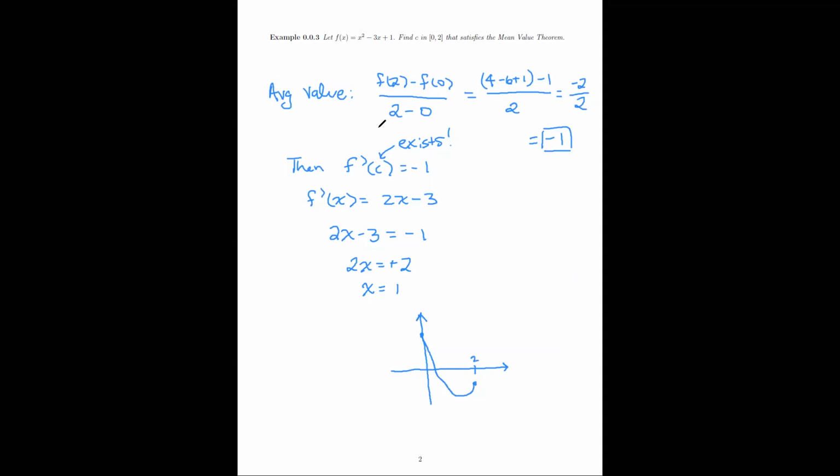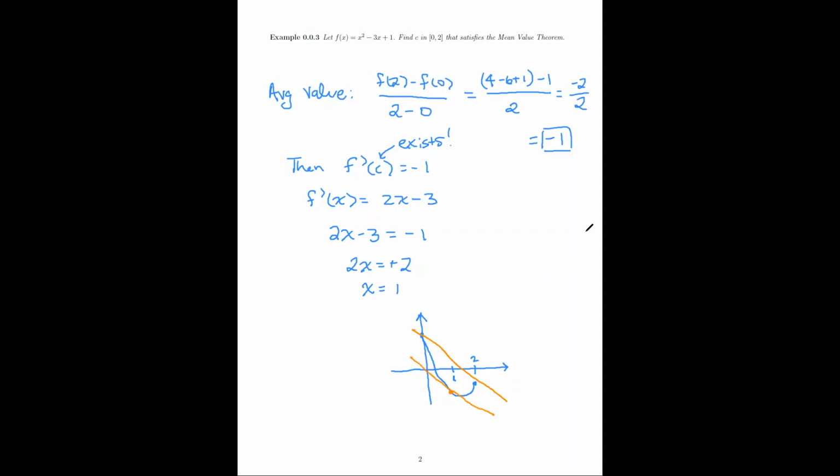If I connect those endpoints, pretend that's a straight line, then this has a slope of negative 1. Now, what is the mean value theorem saying? It's saying that there's somewhere along here where the tangent line is parallel to that. And our calculations tell us that that point is at 1. So let's plot the tangent line there. The tangent line looks roughly like that, and they're parallel.